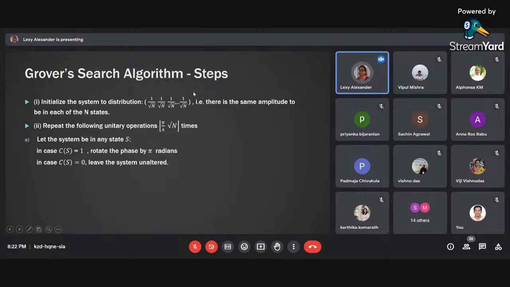These steps and all other steps you can do on a classical computer also. So where is the quantum effect used? The quantum effect is used in the first of the two steps. We have n qubits which are in superposition.